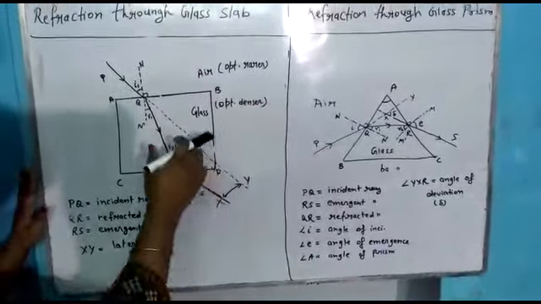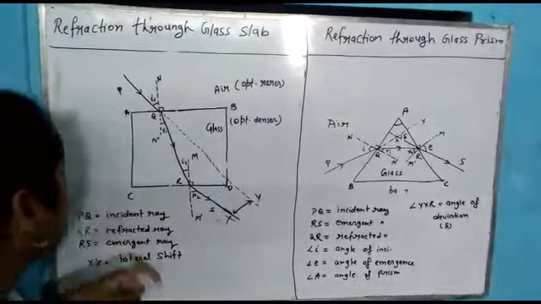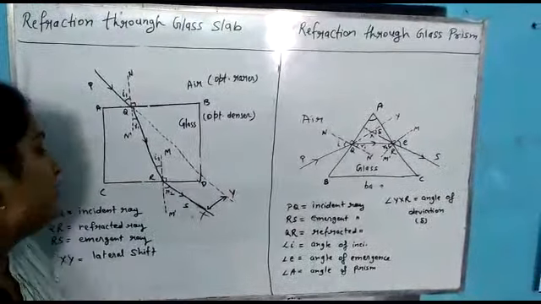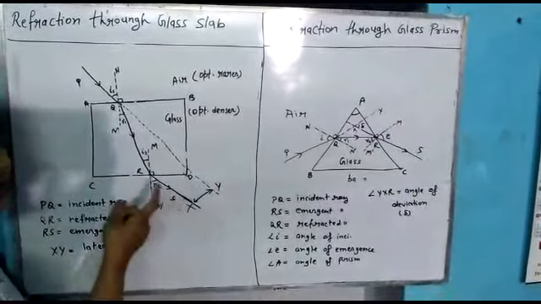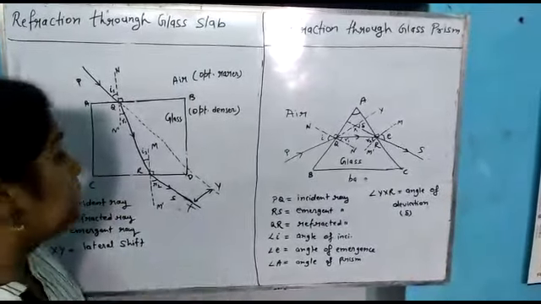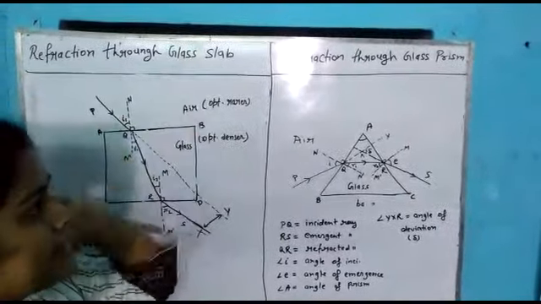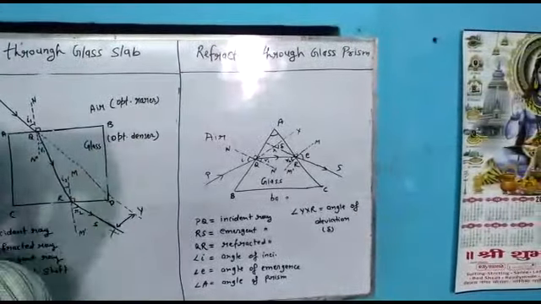Draw this diagram and write down all these terms. You have to write two answers. First, what is the lateral shift and on which factors does lateral shift depend, and second, what is the difference between refraction through a glass slab and refraction through a glass prism.